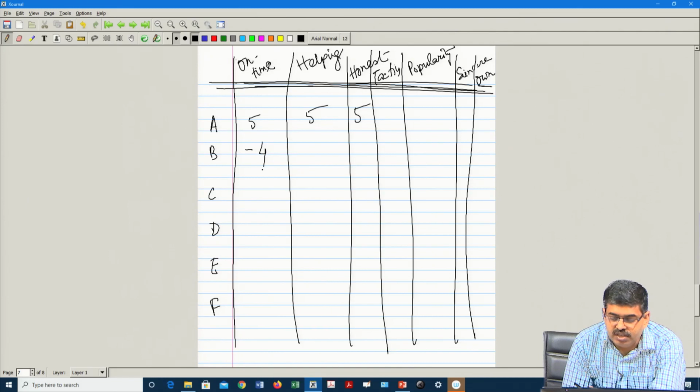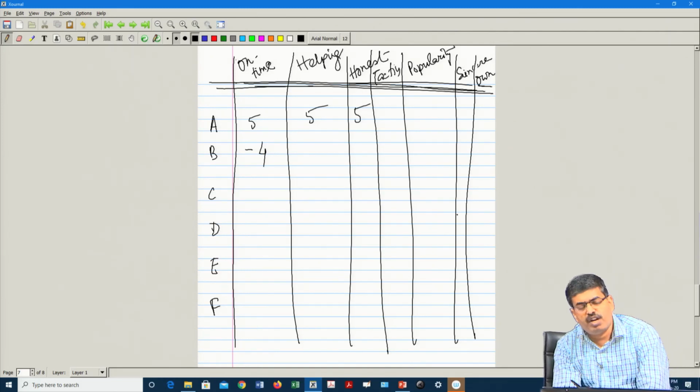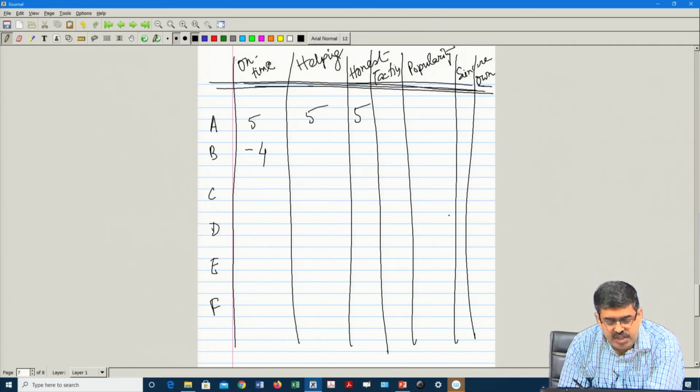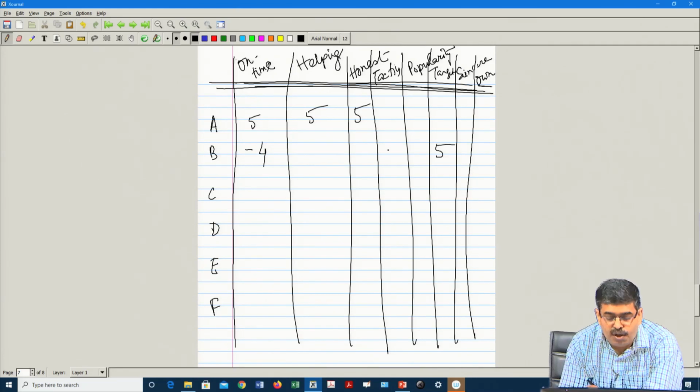He meets his target. That we have not mentioned anywhere here, but you can add one more point, meets target. He meets his target, works towards the end of the month only. So, tactics. A also meets his target, but we don't know, not mentioned.